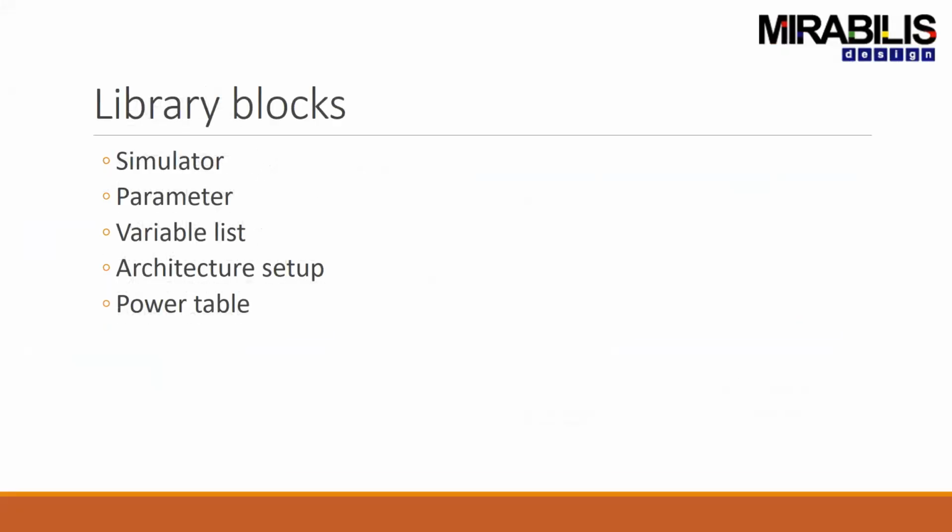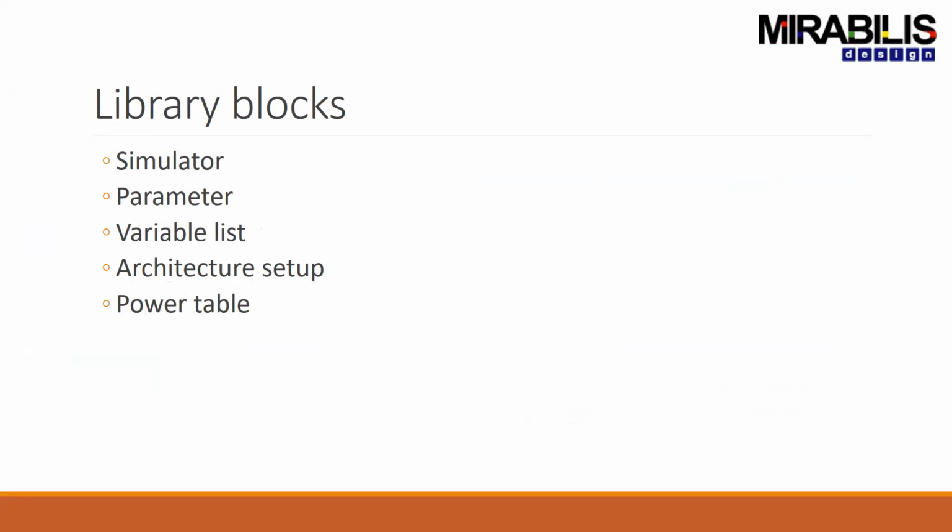Okay, so these are the key library components that will be used in VisualSim in any design. One is the simulator. I will show you where to select and obtain the library blocks and how to configure them. These are the main library blocks that we use.